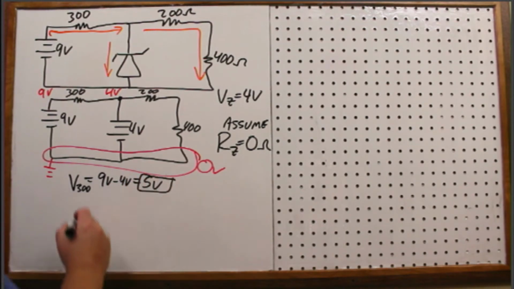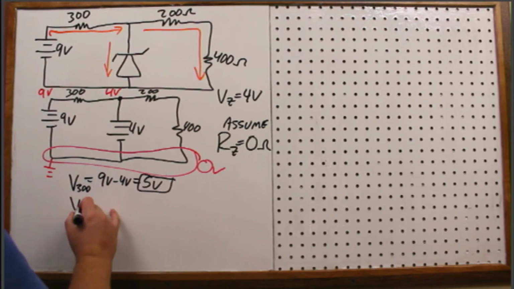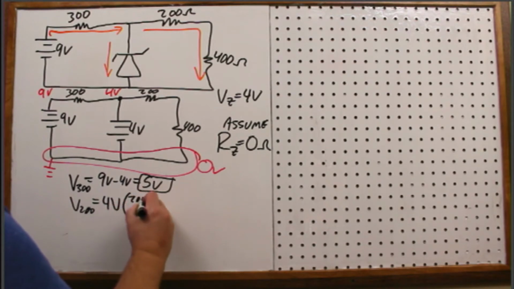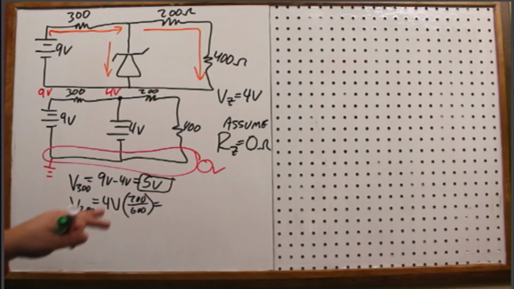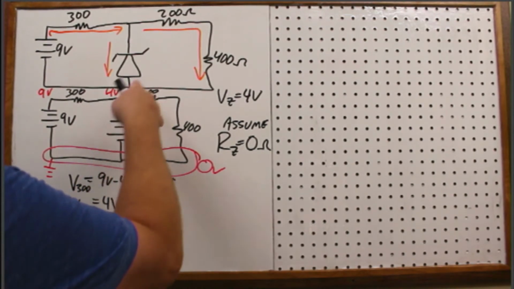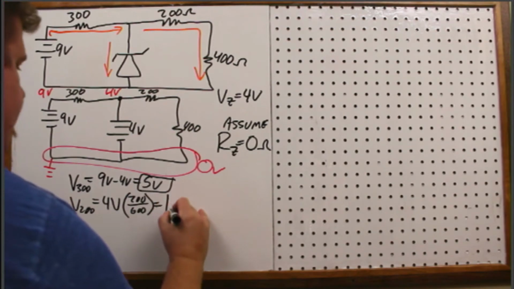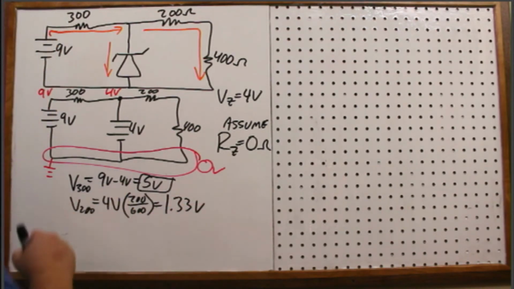So 5 volts. And then the voltage on the 200 is going to be 4 volts times 200 over 600, if we do our voltage division here. So this one over the total, and then we'll do this one over the total. So this gives us 1.33 volts, because that's 1/3 of 4.